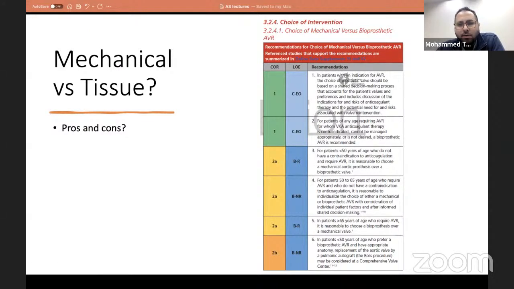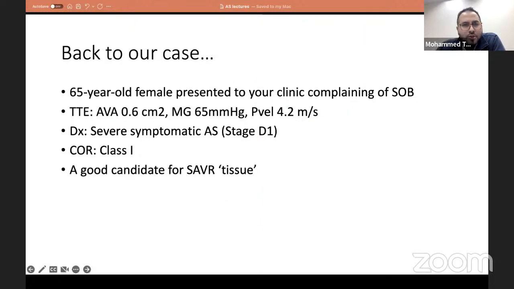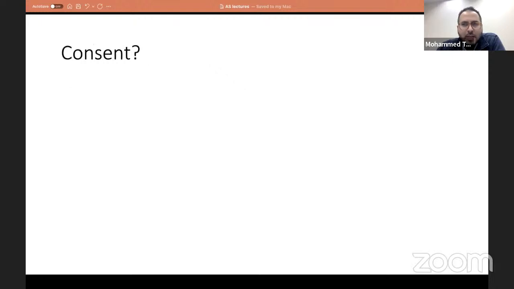If in between, you can discuss either. So this patient is a good candidate for a surgical aortic valve. You explained to her the tissue versus mechanical, and she wanted to proceed with the tissue valve.